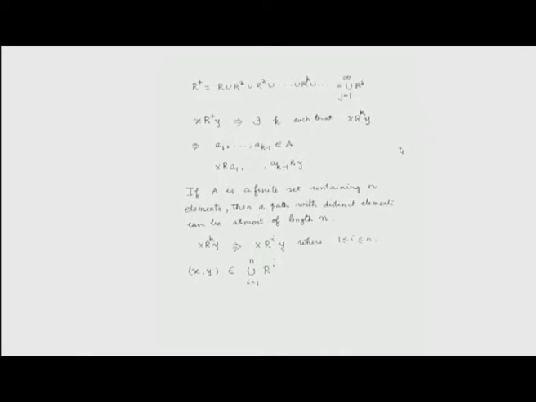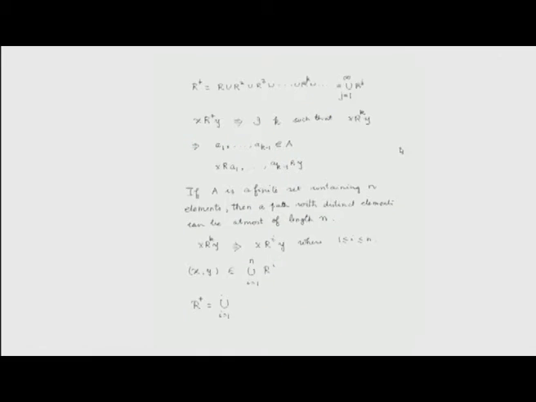This in turn means that R plus is a finite union of sets in case A has size n. So, R plus is the union over i equal to 1 to n of R i, that is R union R square union and so on up to R to the power n.